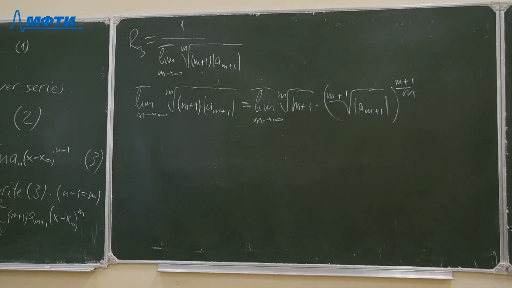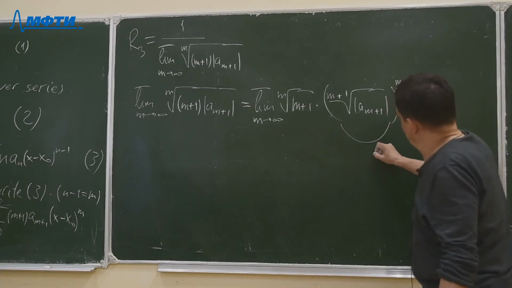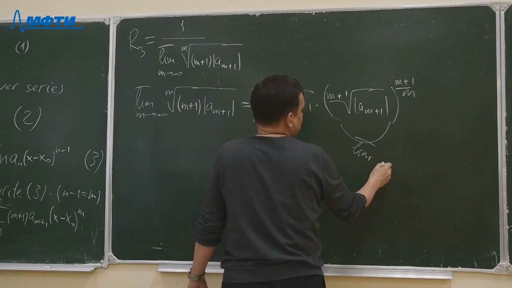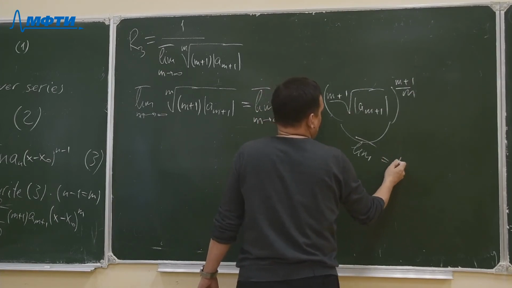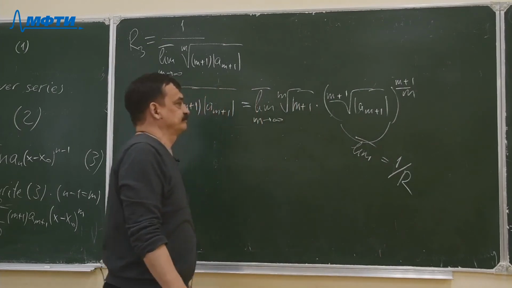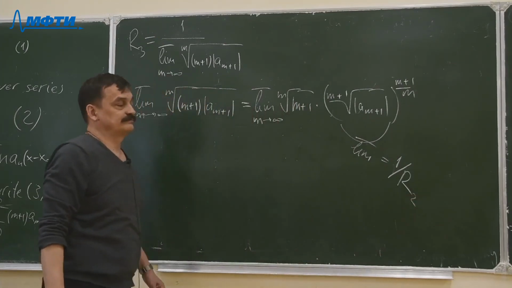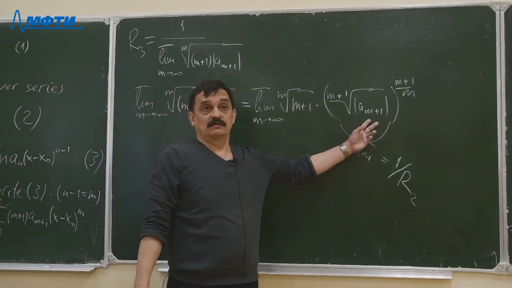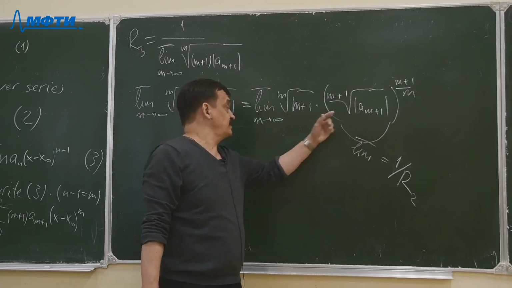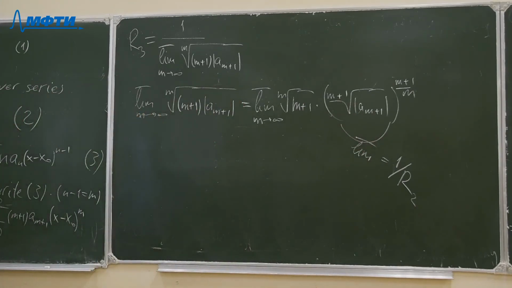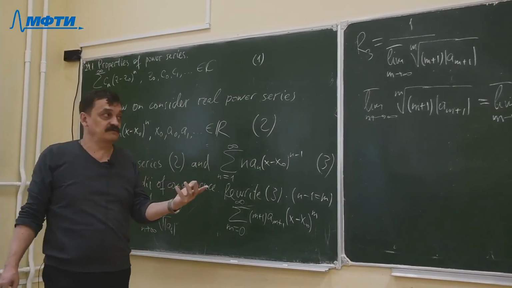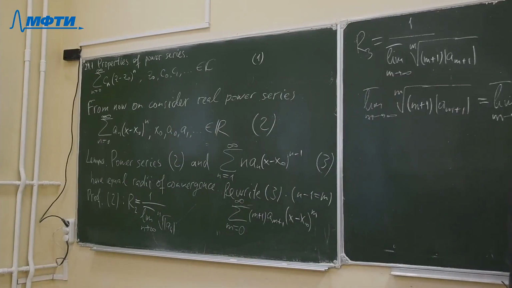Now look, we know that the upper limit of this is equal to 1 over R2. Why? Because we have the same sequence as here, but instead of n we take n plus 1, right? It is precisely the same sequence, hence it has the same upper limit.